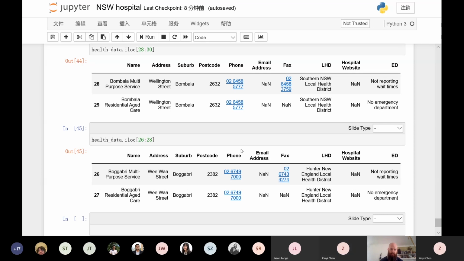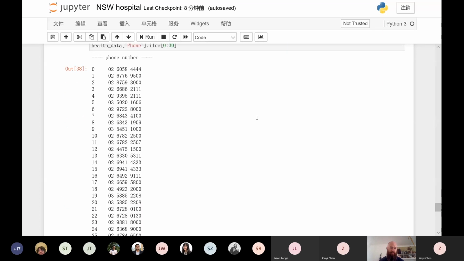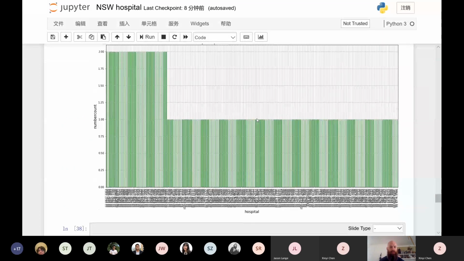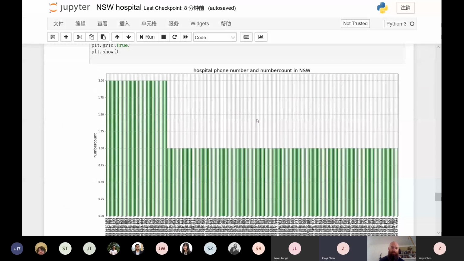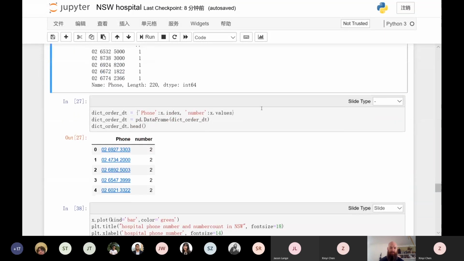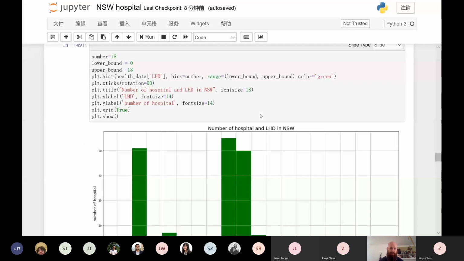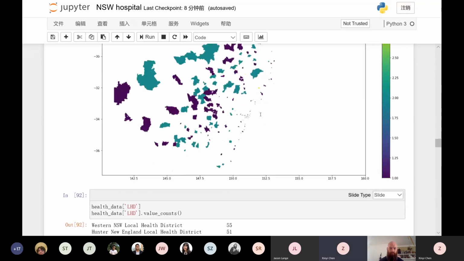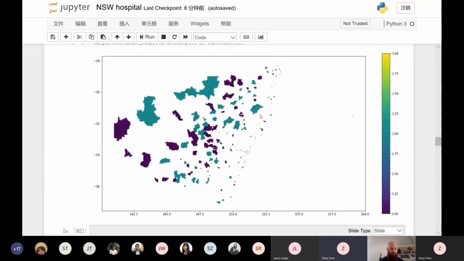When you look at the data sets, you think there are a lot of hospitals, then you look at the map, and actually there are a lot of gaps. So you see how much area of New South Wales doesn't have easy access to a hospital. Yeah, there are lots of spaces that do not have a hospital.